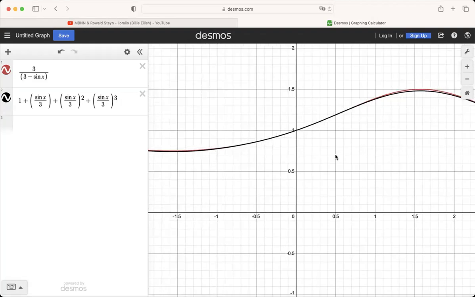We have a good approximation for this rational function. This is 3 divided by 3 minus sine x, and this is what you have here.